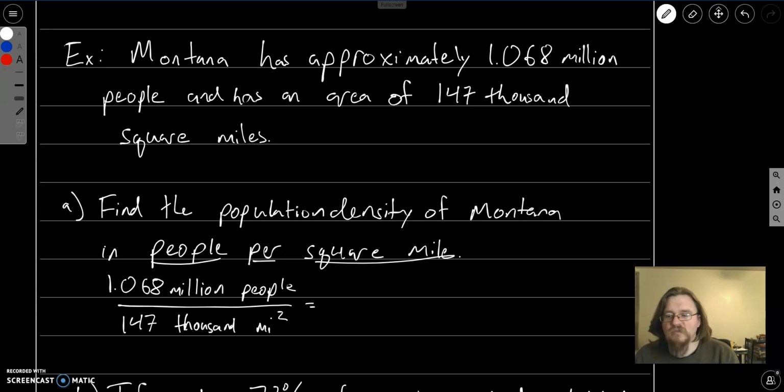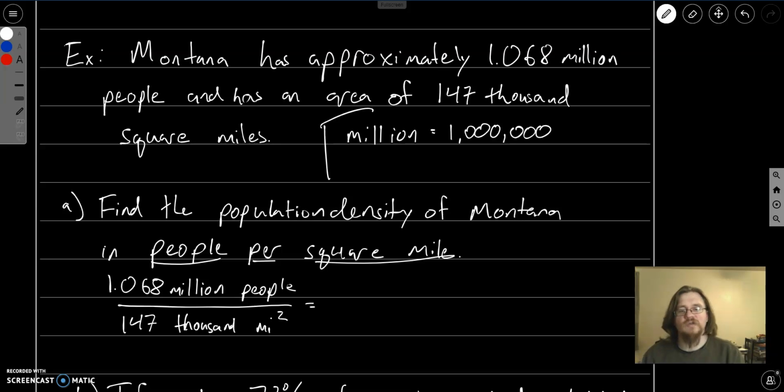So 1.068 million people. You should just notice that million is going to be a 1 followed by 6 zeros. So if we multiply by a million, just like multiplying by 10, we can shift the decimal place over, and we're going to shift it over 6 times.